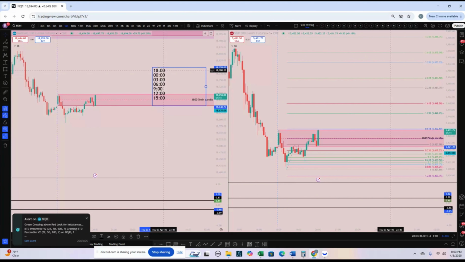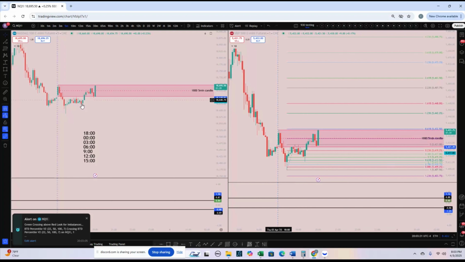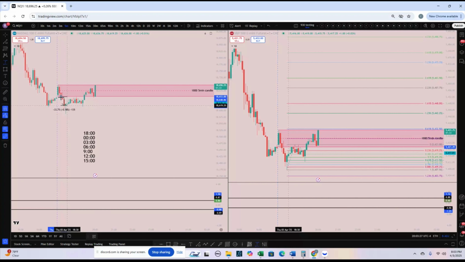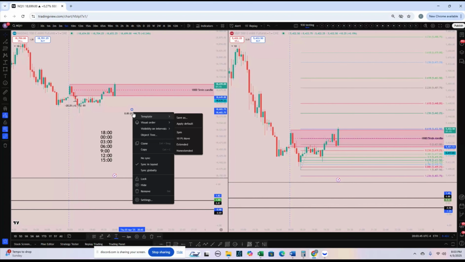What I am trying to do is, when we have a 5 minute close over one side, do we at least get a 0.10%, which is about 20 points on NQ.